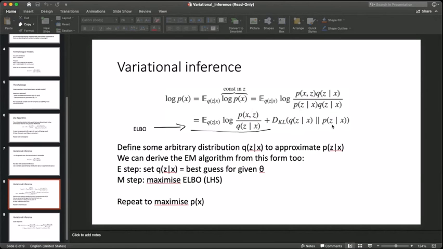So okay, I know what q of x is in the context of VAE, but I don't know what it is in this context, specifically. You're essentially multiplying by 1, but in the form of q of z given x.